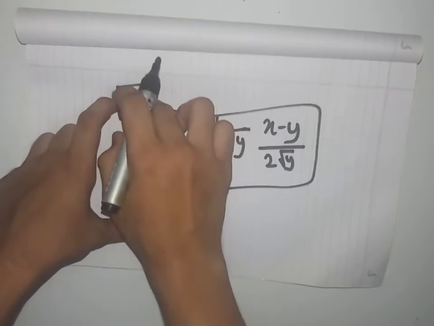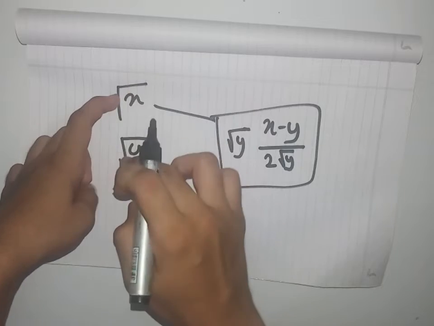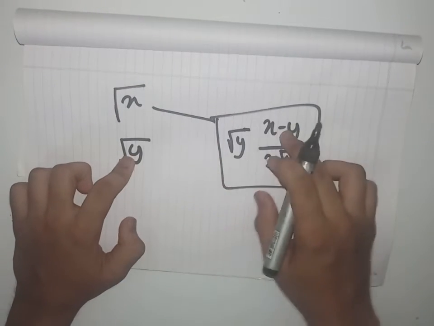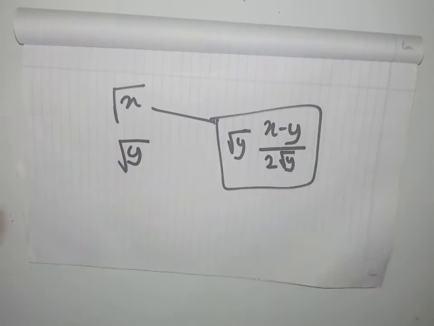So we just need to find the perfect square number closest to x, find the square root of that number, form a mixed fraction like this one, and you get the square root.